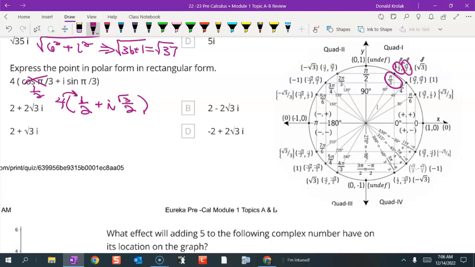Okay, then you just distribute. And simplify.